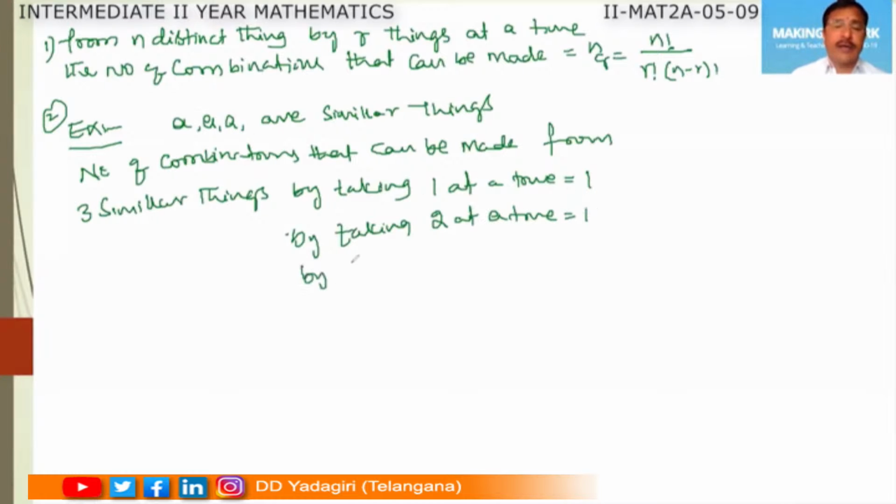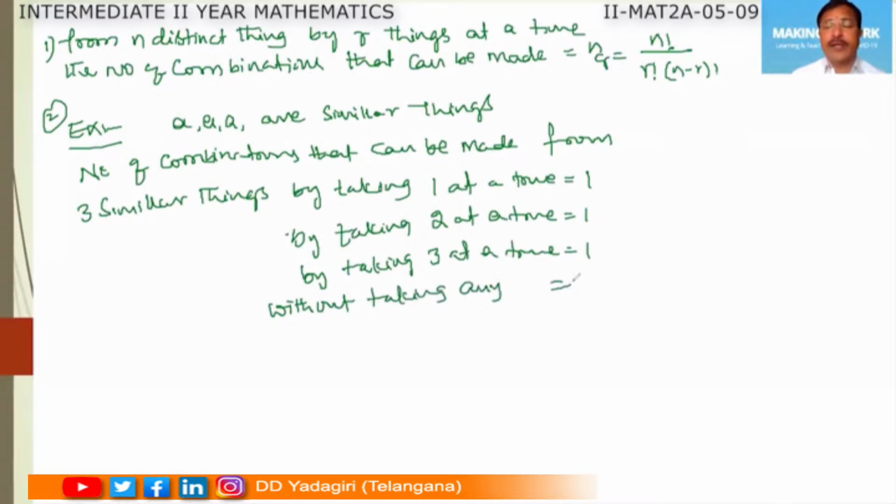And by taking three things at a time, all the three, how many ways can we select? Only one way. And without taking anything, that is also one.